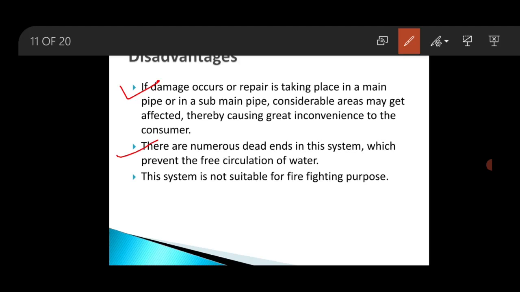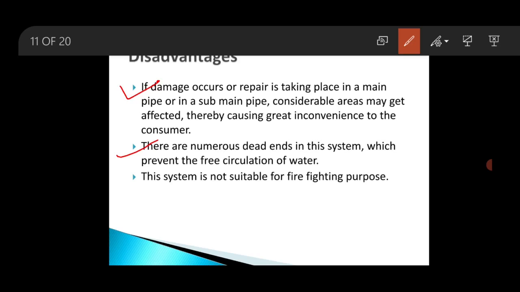Second one is there are numerous dead ends in this system which prevent the free circulation of water, and this stagnation of water may lead to degradation of the water quality.